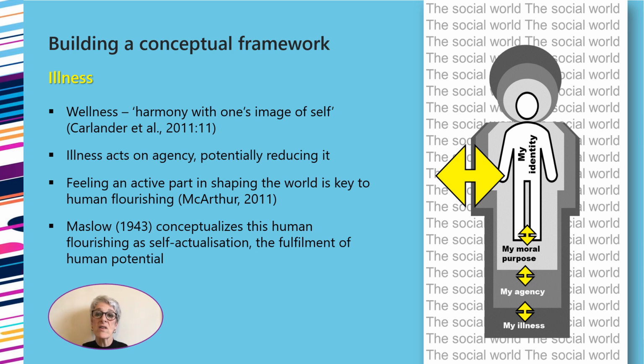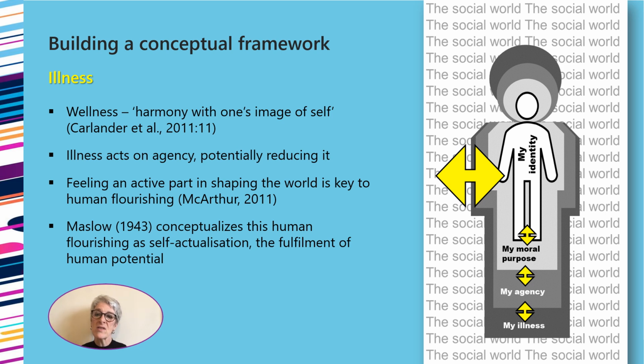Illness sits outside of these key features of what it is to be a human being. Potentially disrupting our sense of self, it can also impact negatively on our agency, on our ability to change something we care about. This feeling of playing an active part in shaping the world is key to human flourishing.